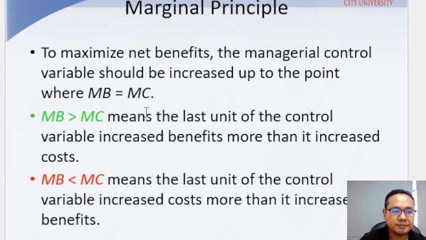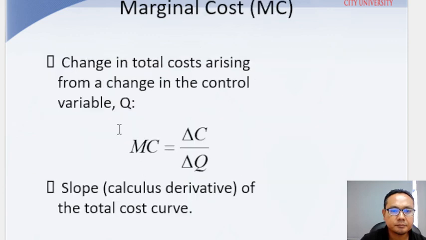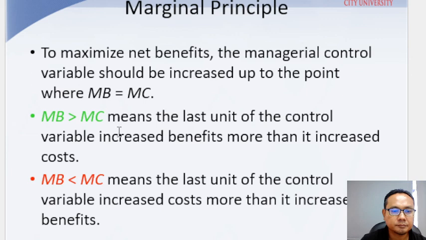If marginal benefit is bigger than marginal cost, it means the last unit of the control variable increases benefit more than it increases cost. But if marginal benefit is smaller than marginal cost, it means the last unit of the control variable increases cost more than it increases benefit.